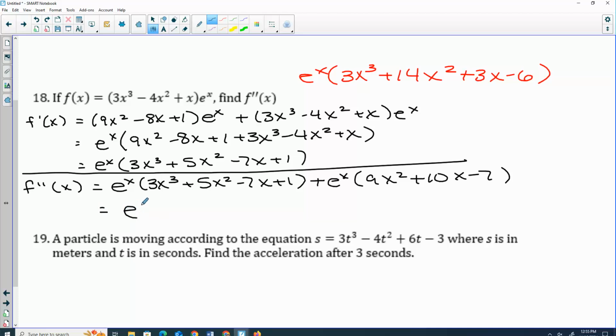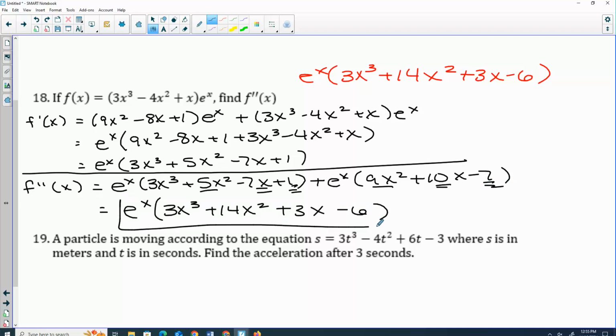So again, we could take out the e to the x and then combine like terms. So we have 3x cubed. We have 5x squared and 9x squared would be 14x squared. We have negative 7x and positive 10x is positive 3x. Minus 6. And 1 minus 7 is negative 6. I just missed the negative 7 in my work, so that would do it.